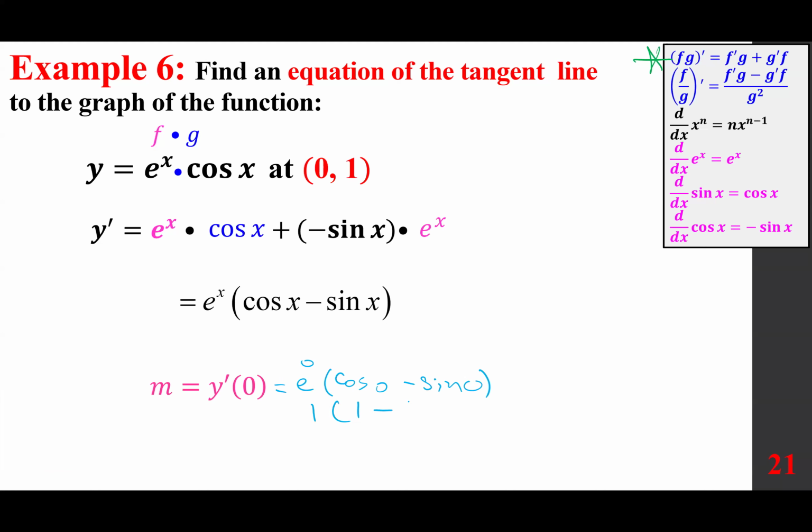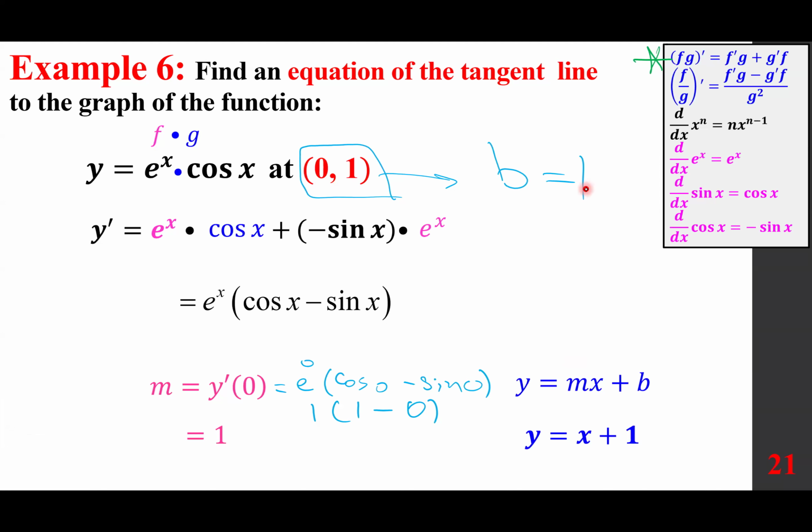This is 1, this is 1, this is 0, and the answer is 1. Since this is the y-intercept, meaning b equals 1, right? We have 0, 1. Then you can use y equals mx plus b. M is 1, b happens to be 1 as well. And y is equal to x plus 1 is the final answer.